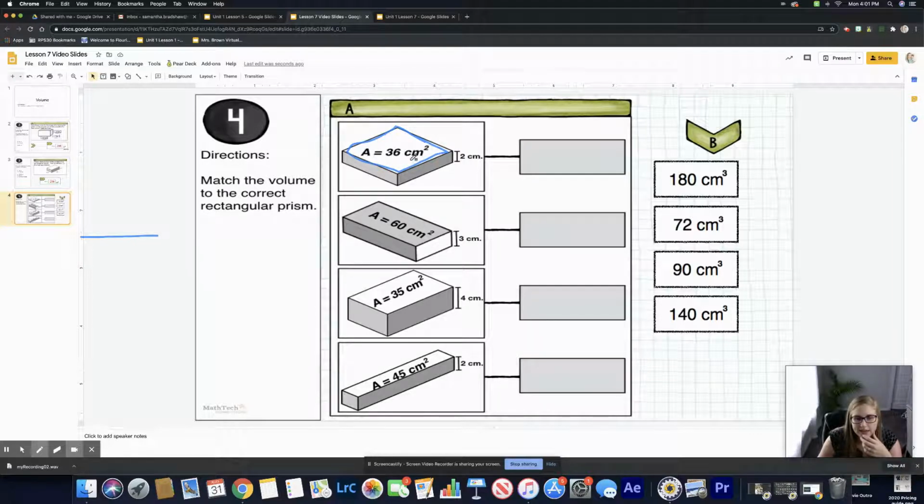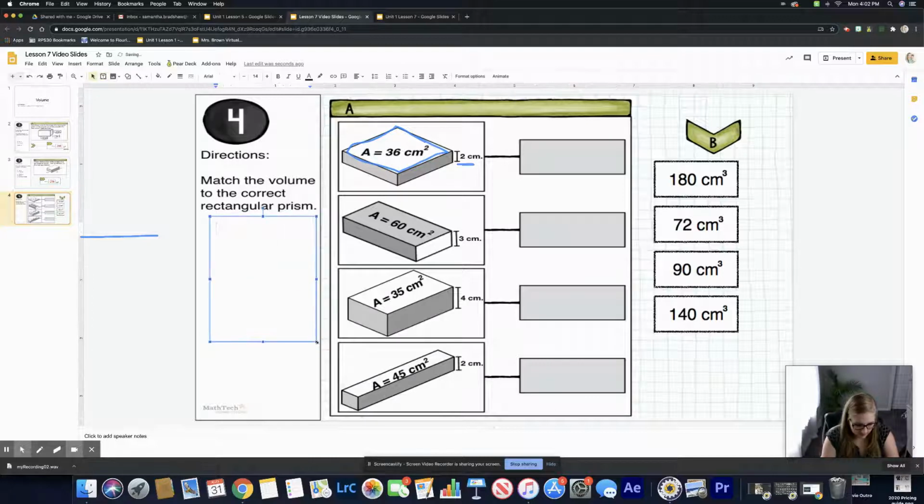So what we have to do now is take that base and multiply it by the height. Volume equals base times height.